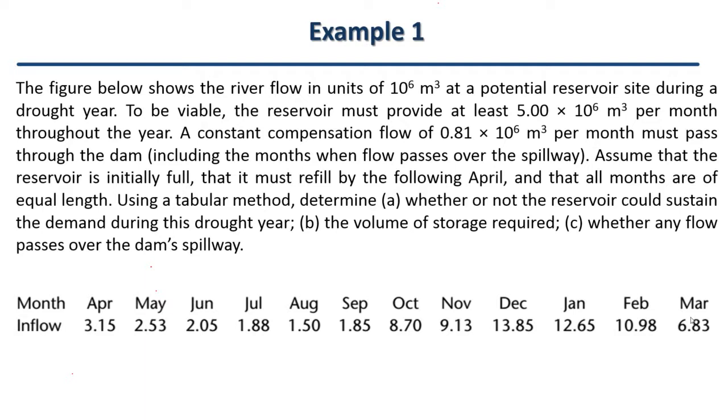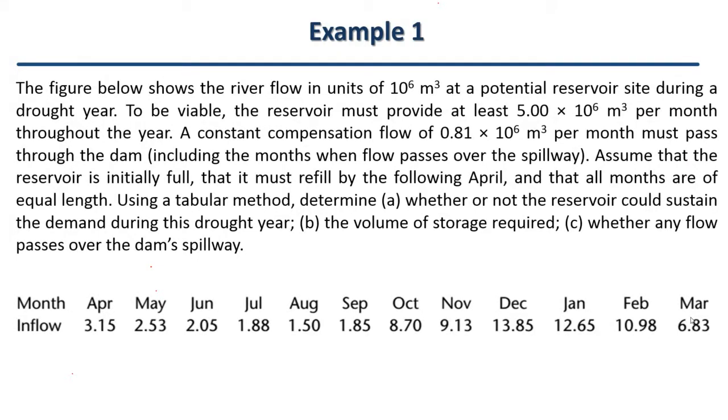month, and we assume a month is 30 days, rather than February with 28 or 29 days and similar; we consider everything as 30 days per month. A constant compensation flow of 0.81 million cubic meters per month must pass through the dam.